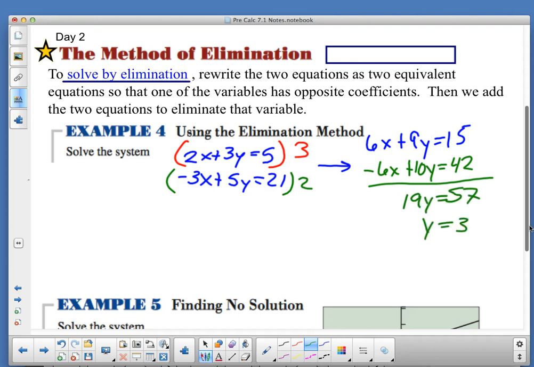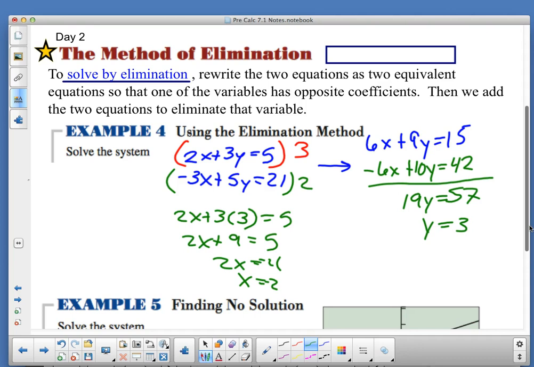Y is equal to 3 after I divide. Okay, and now to get my value for x, let's pop it in. 2x plus 3 times 3 equals 5. 2x plus 9 is equal to 5. Subtract my 9, 2x is equal to negative 4, and x is negative 2.